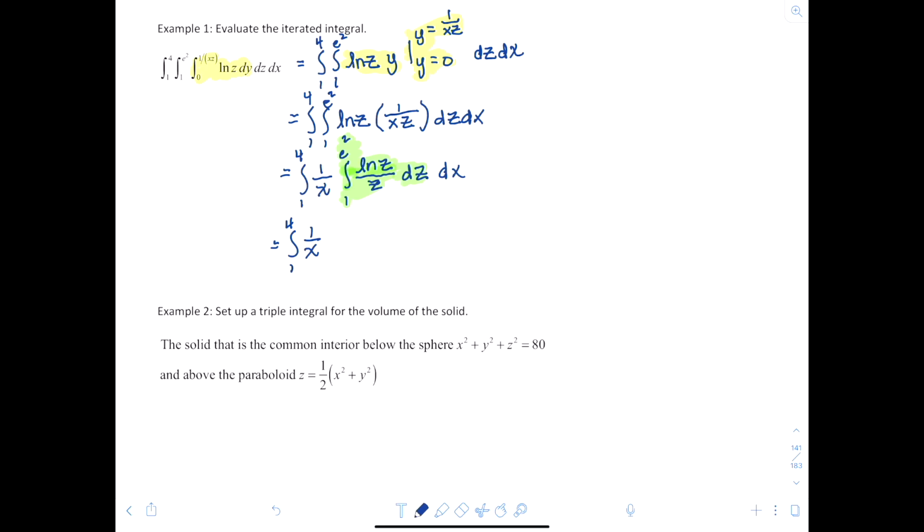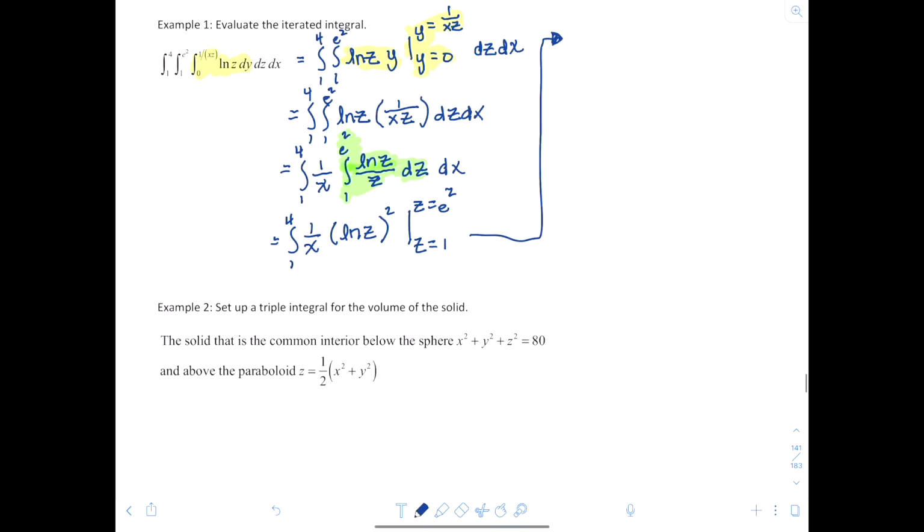Well, if we have natural log at z, that whole quantity to the 1 power, our g of z is natural log at z, and g prime at z would be 1 over z. So that means we will have natural log at z, the quantity squared. That's going to be evaluated from z equals 1 to z equals e squared.